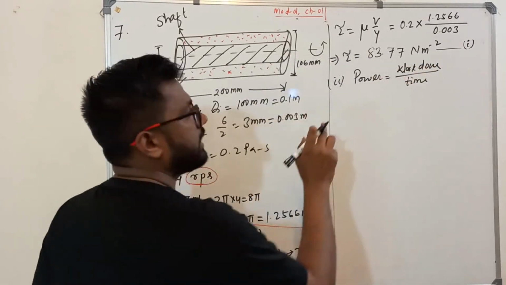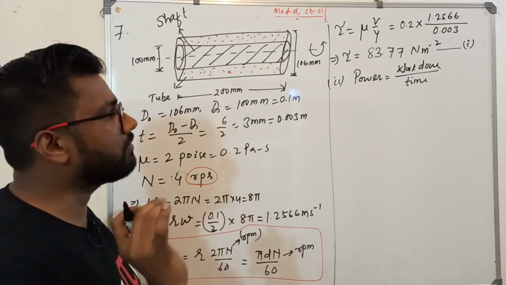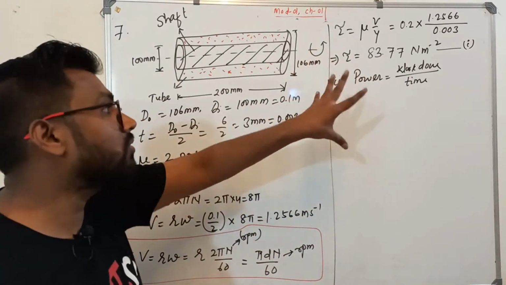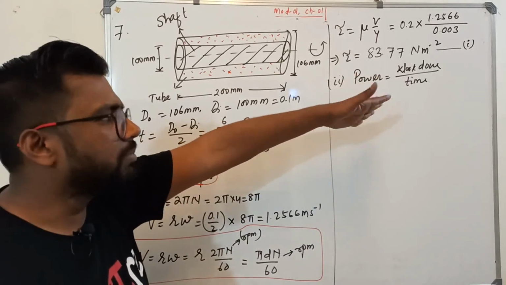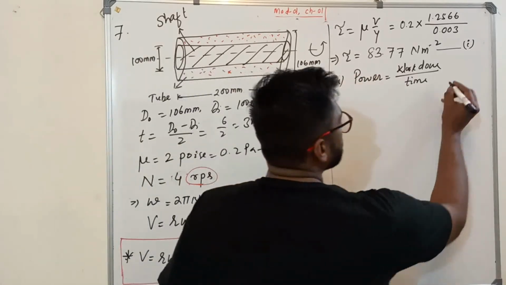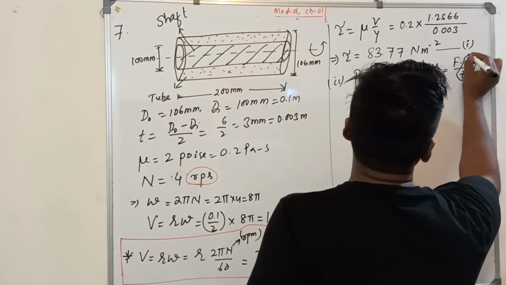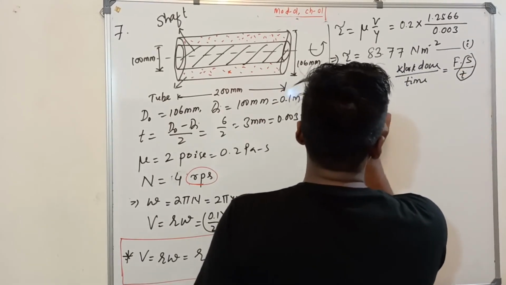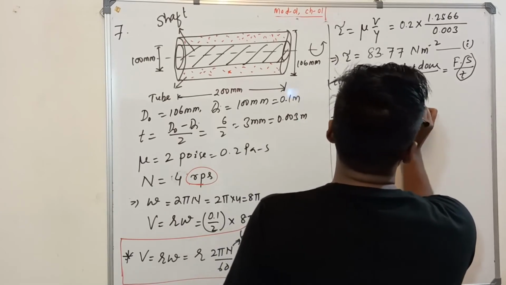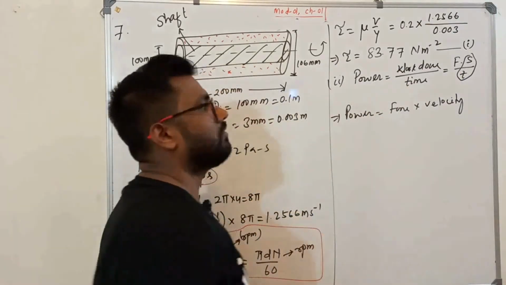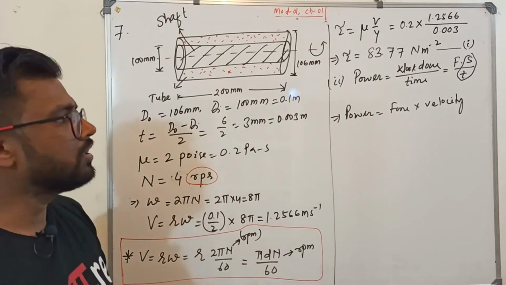In the prerequisite video for fluid mechanics, I have already told how we use power in fluid mechanics. We are not using power equal to work done by time. What we are using, sir? Work done is F into S, by time. What is S by T? Velocity. So the power is nothing but force into velocity. Power formula we use is force into velocity.